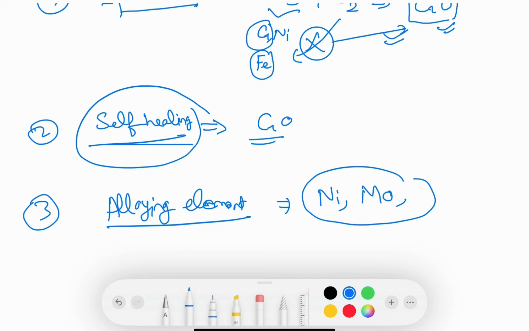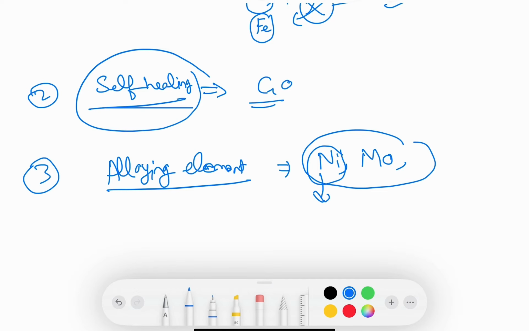For example, nickel helps stabilize the stainless steel structure and improves its resistance to various forms of corrosion. Molybdenum gives resistance to pitting corrosion, so if you have pitting corrosion, molybdenum helps to avoid it.